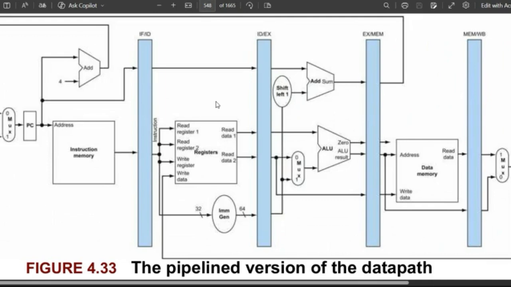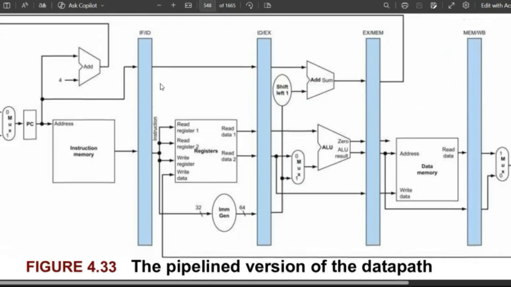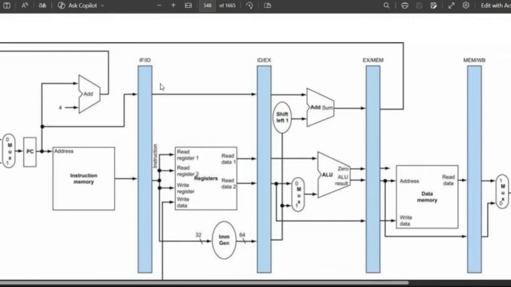Why? Because we are reading data on the positive edge of the clock cycle, not randomly reading or writing data. That's why we have brought the concept of pipeline, and we have brought the registers into the stages.